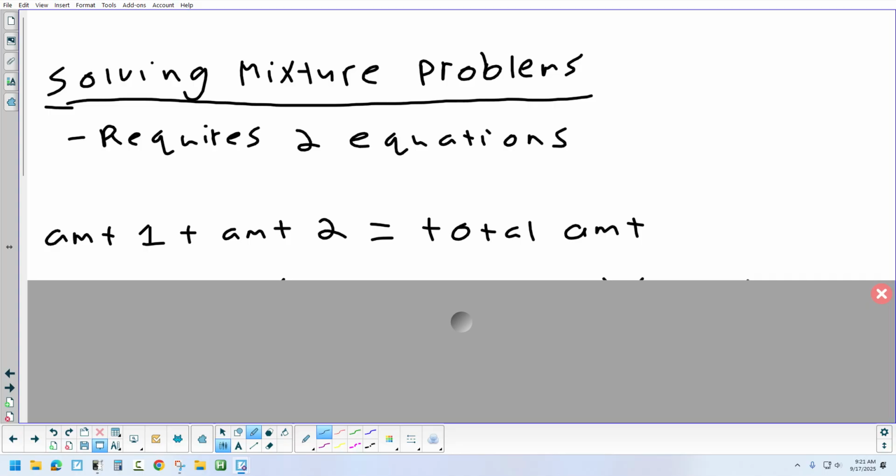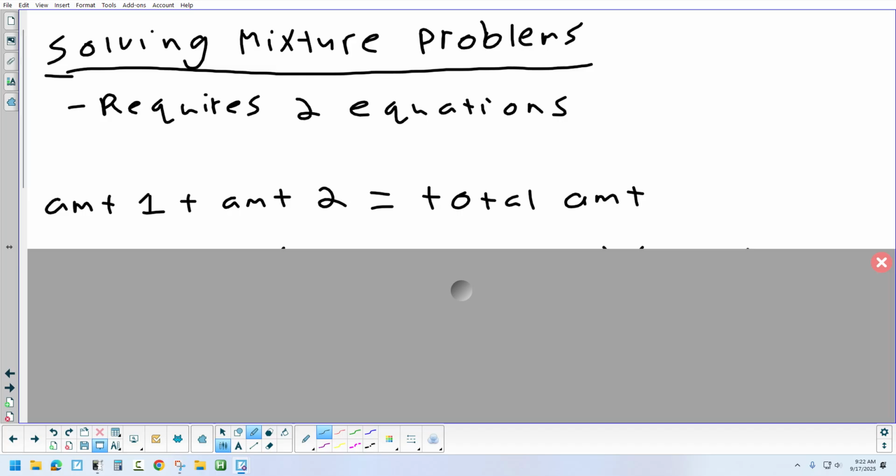And when you mix the two together, you end up with 100, or whatever amount they tell you. That doesn't take into account anything with the concentration of the solution, which is usually a percentage. Like a 10% solution, 50% solution, things like that. To take into account the concentration, we need the next formula.